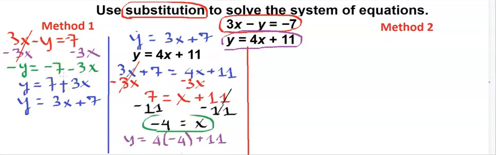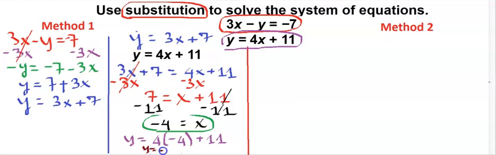Let's finish this so I can show you method number 2, which is quicker and easier. All right, so what's 4 times negative 4? Negative 16. Negative 16 plus 11. Negative 5. So y equals negative 5.